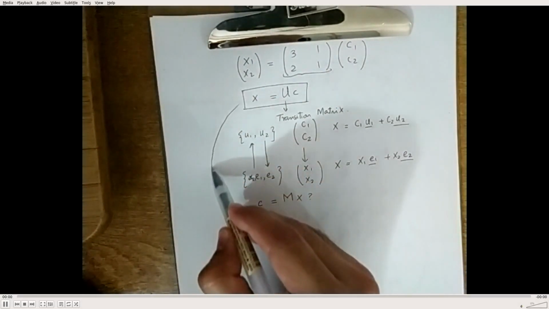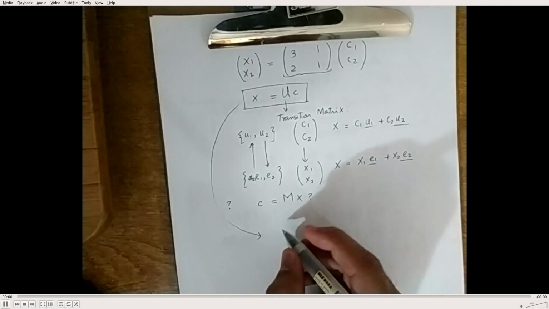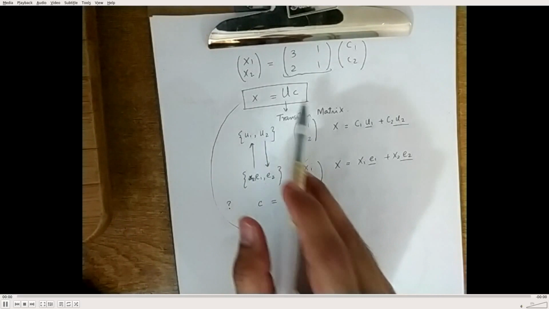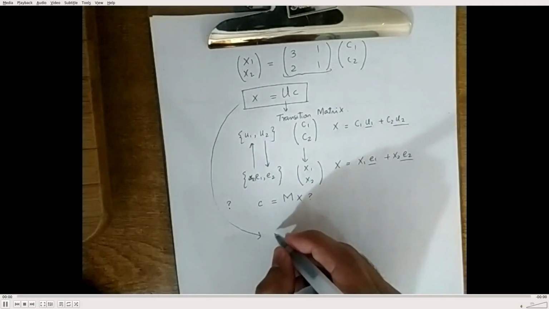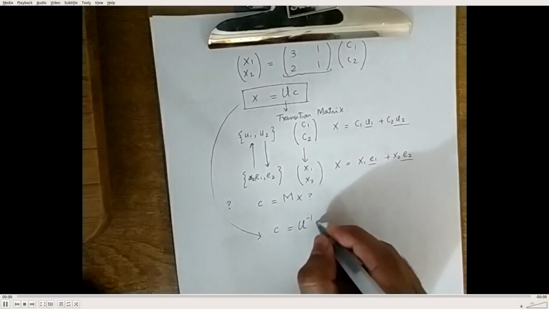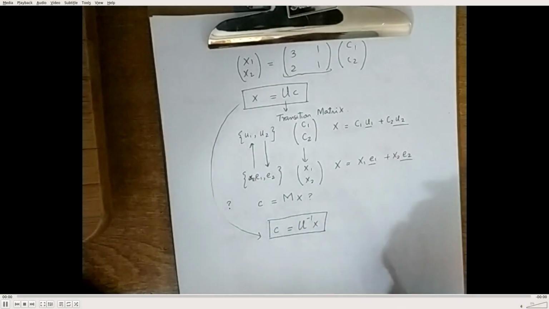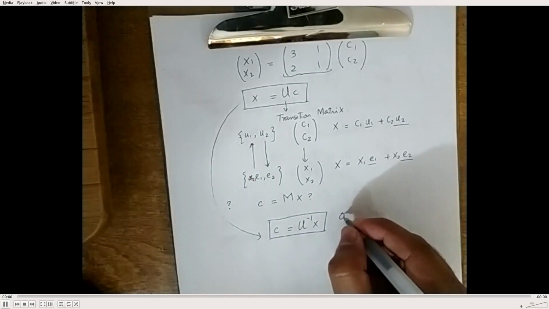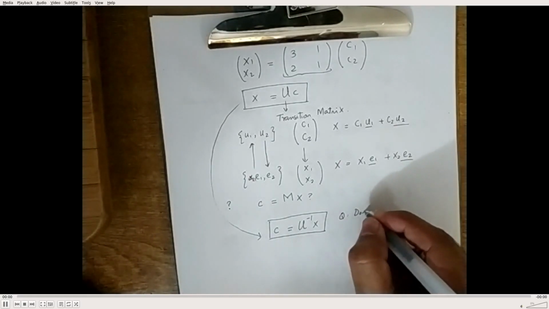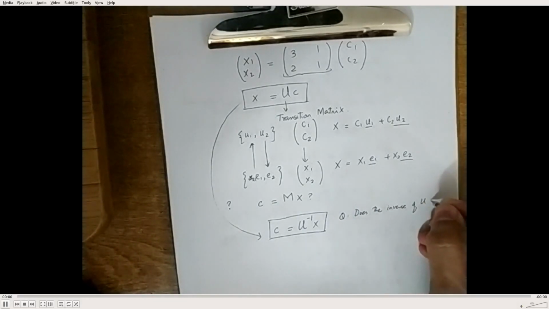You already have this equation. If I multiply the equation x equals UC by the inverse of U on both sides, I get C equals U inverse x. And the question is, does the inverse of U exist?